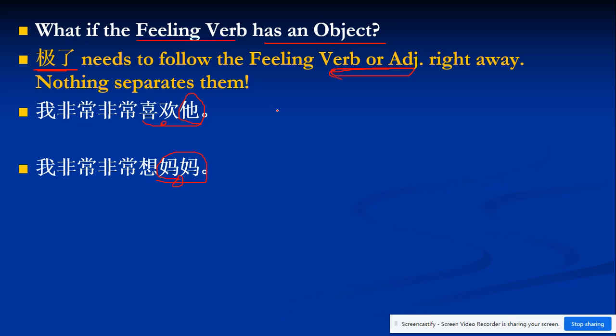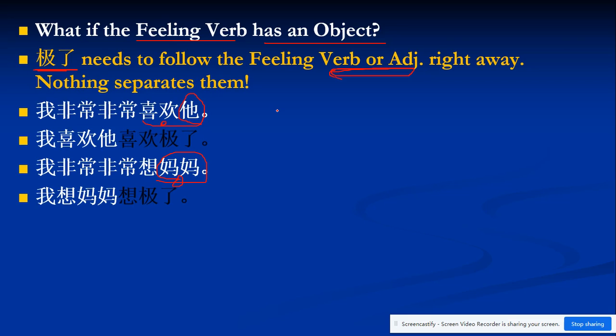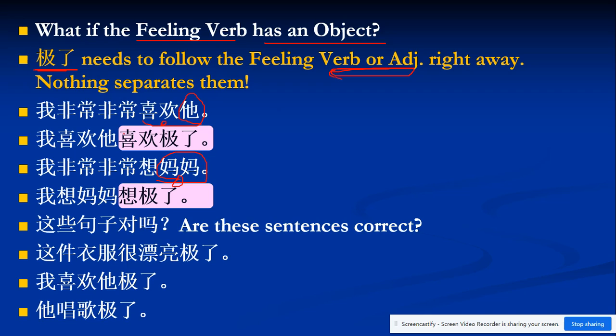So you keep the structure. 我喜欢他喜欢极了. You repeat the verb and put 极了 right after that feeling verb. 我想妈妈想极了.